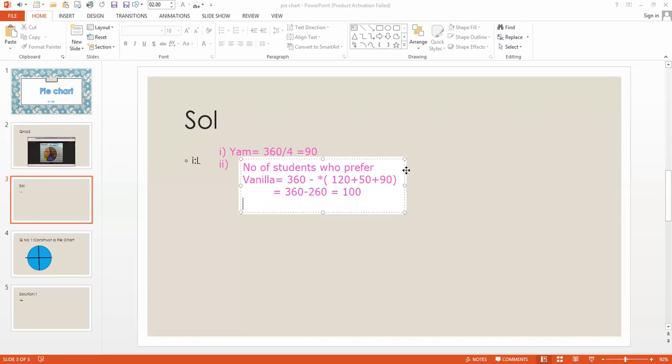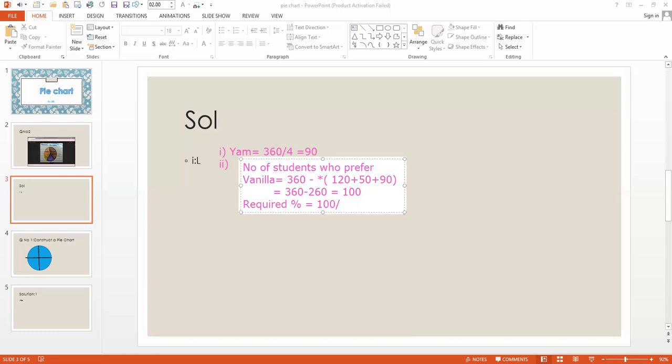Now we move towards the third part. It is given, express the number of students who prefer vanilla as a percentage of the total number of students in the class. You have to find the percentage. So whenever you have to find the percentage, you have to write required percentage. Okay. In the second part, they gave you the students who prefer vanilla. How many degrees are given for vanilla? 100.